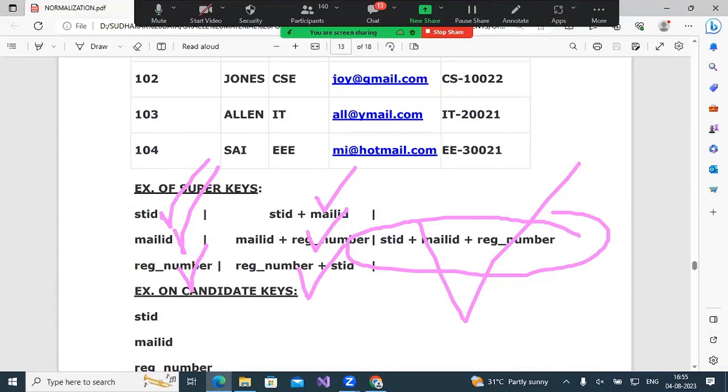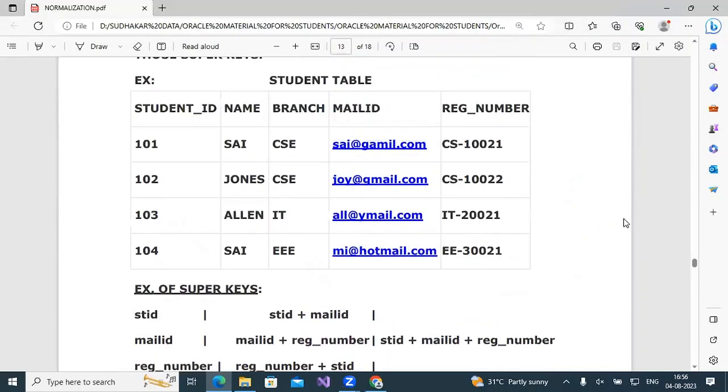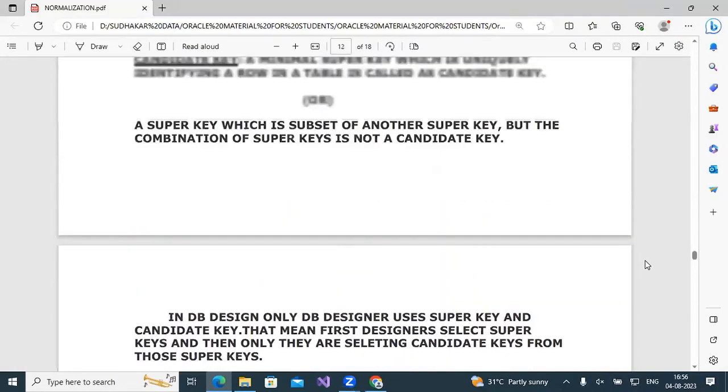Two or more super key columns will become a super key only. That is the super key definition. Finally, a super key is nothing but a column that should not contain any duplicates. Each and every value should be different. When you maintain different values in your column, then that column is called a super key column.